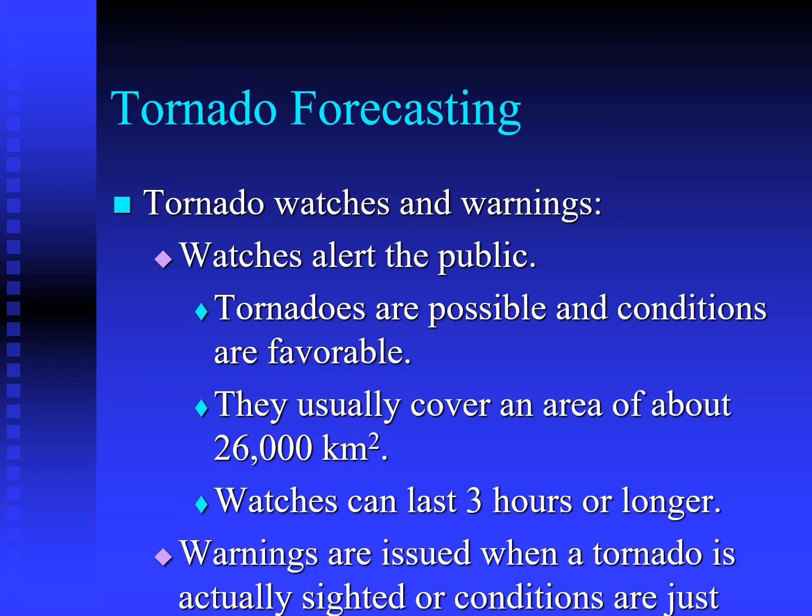Okay, so if there's a supercell thunderstorm in your area, if there's a squall line thunderstorm or dry line thunderstorm in your area, or if there is a tropical storm or hurricane hitting your area, they are going to go ahead and issue a tornado watch. It means be on the lookout. These watches cover a pretty big area, usually 26,000 square kilometers, and they can last for quite a while. It just depends on how long that threat is in your area.